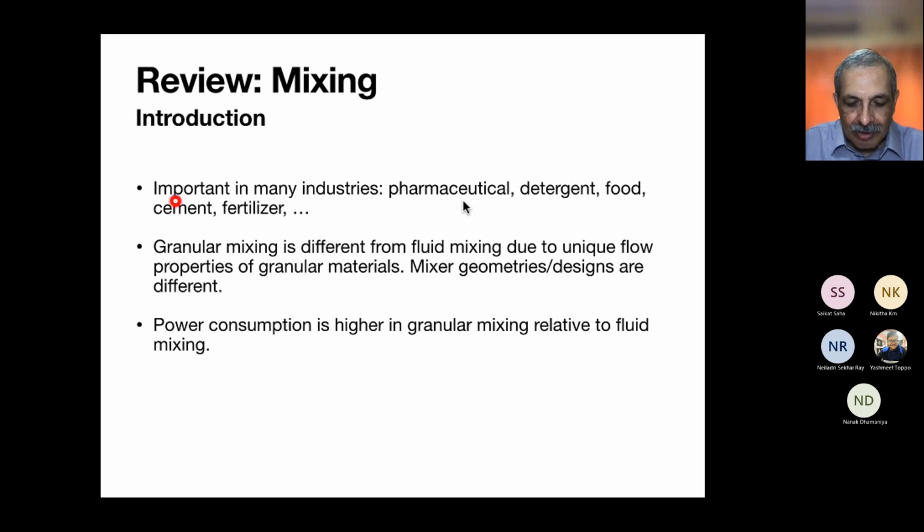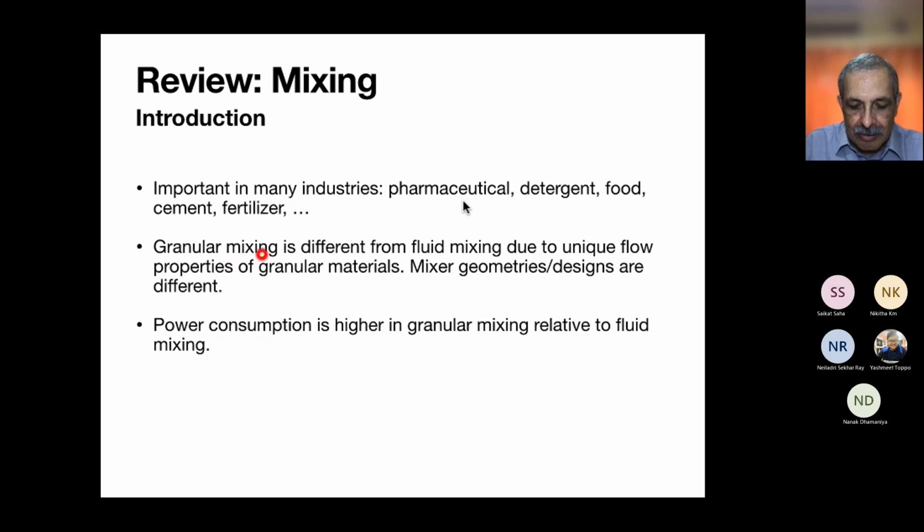So we saw that mixing is important in many industries, because almost all products are blends of powders. All the solid powders are not just one single element, but many different components mixed together. Whether it's pharmaceuticals, detergents, food, cement, fertilizer, and so forth.